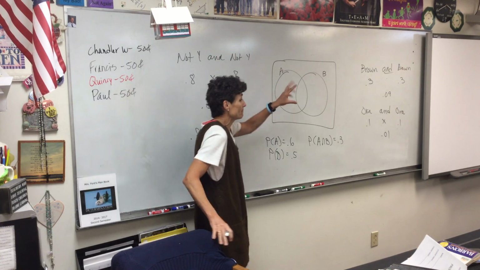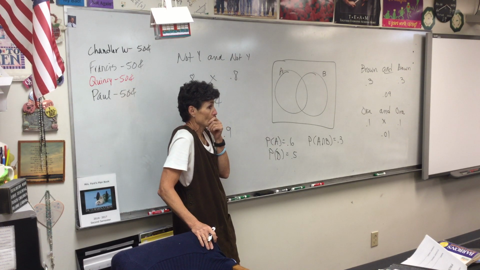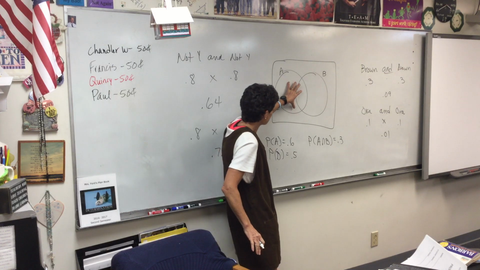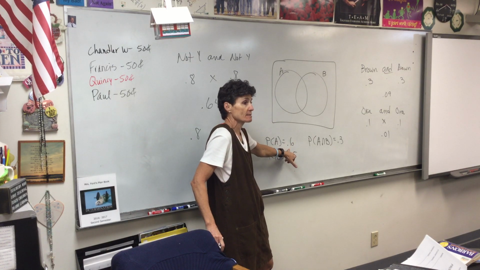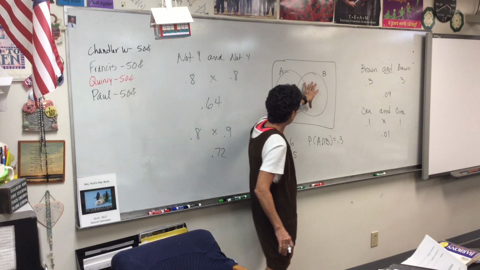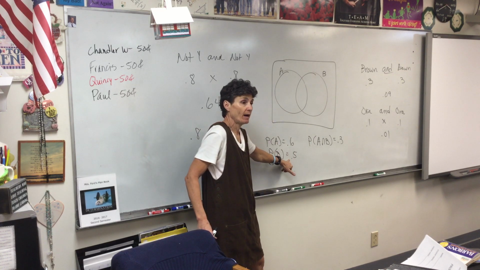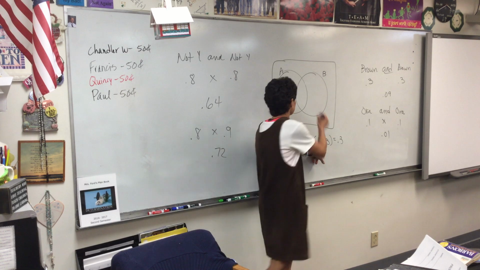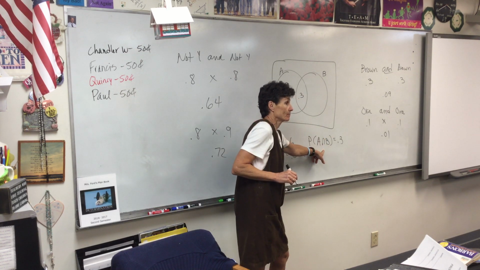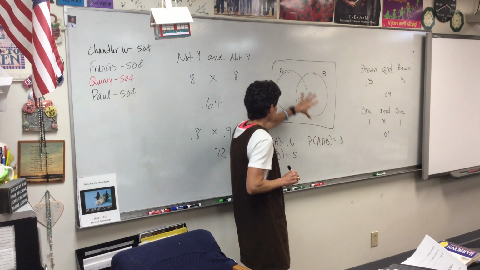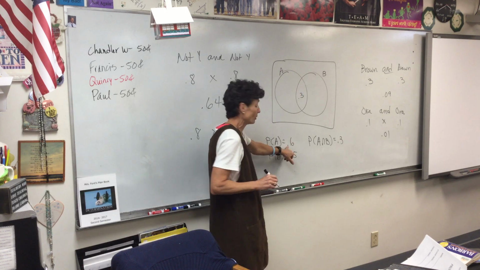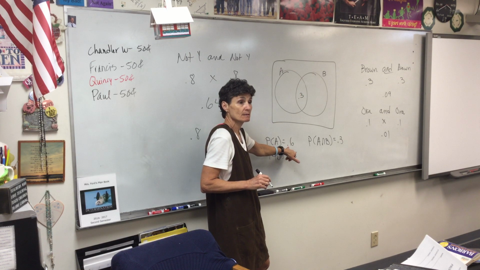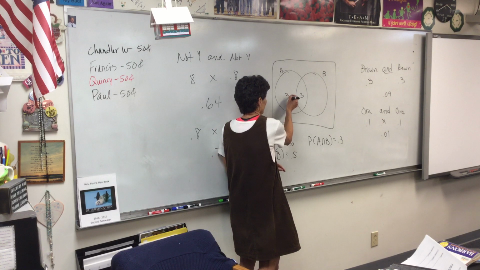So help me fill in my Venn diagram. The whole A circle is 0.6. The whole B circle is 0.5. What's that? That's right here. Now, if the whole A circle is 0.6, then this has to be another 0.3.